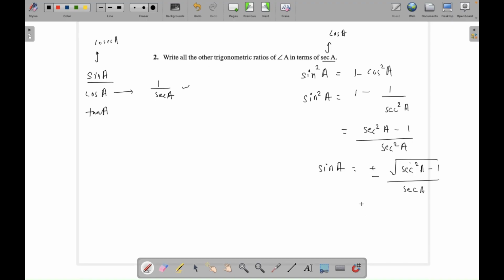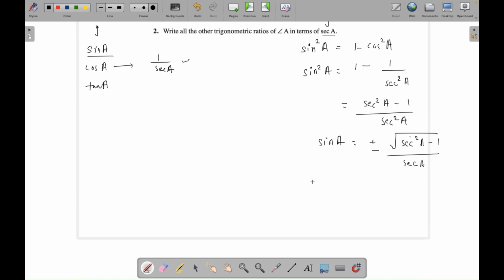Once we know sin A, we can find cosec A. It will be the reciprocal.